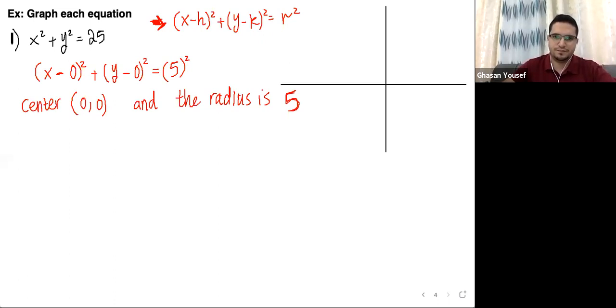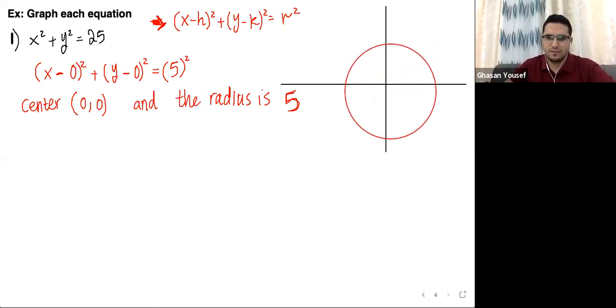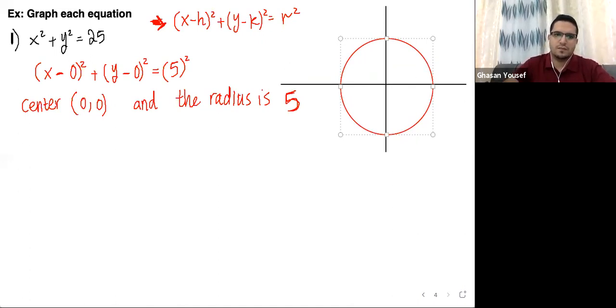So at 0, 0 is my center here. The circle will be something like this. This is my center, C, 0, 0.